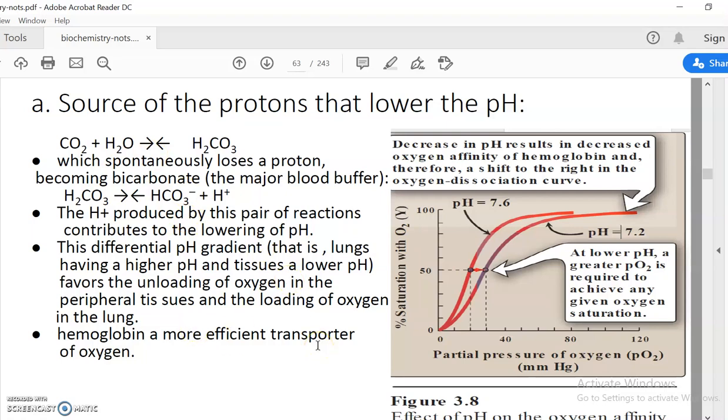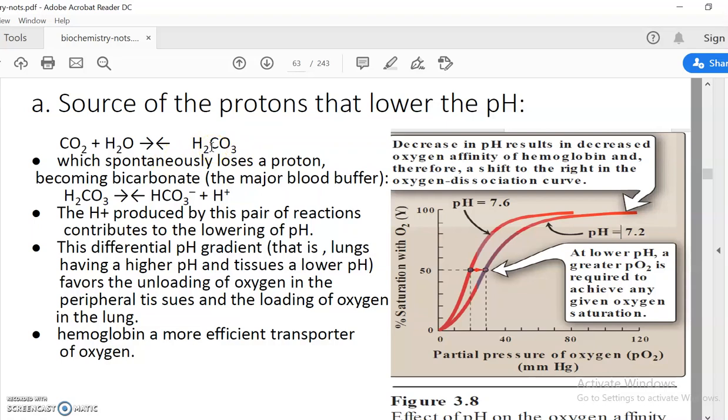But what is the source of decreasing of pH? What is the source of H positive, which lowers the pH? According to the equation, carbon dioxide reacts with water in an equilibrium reaction to produce carbonic acid.